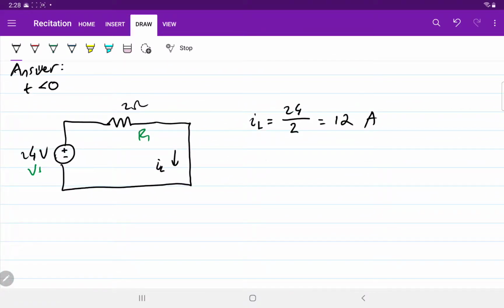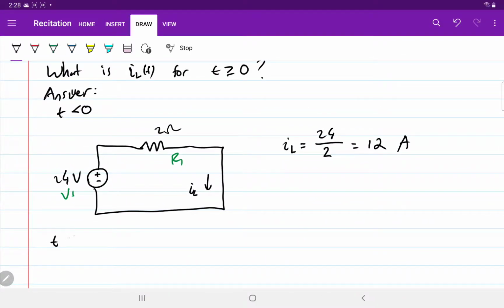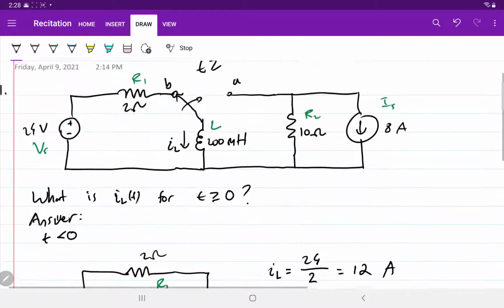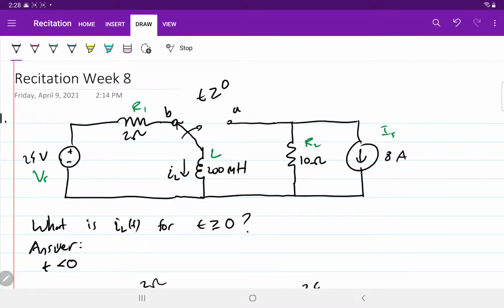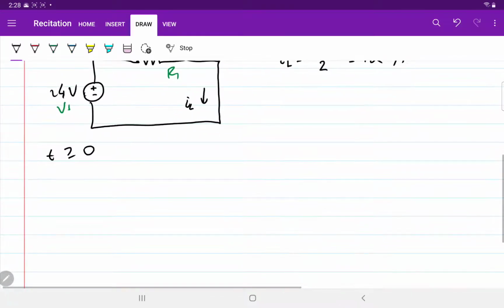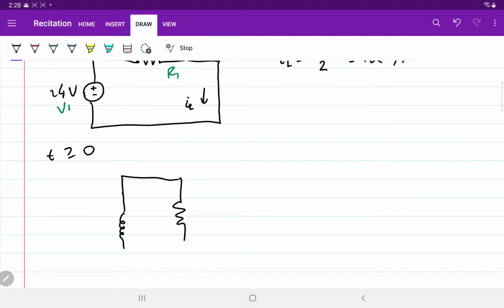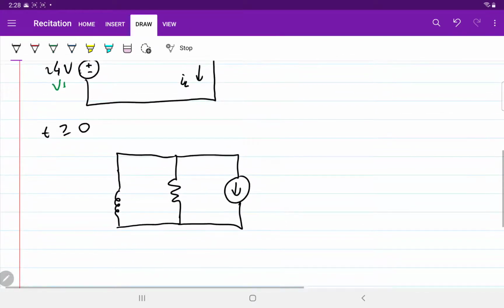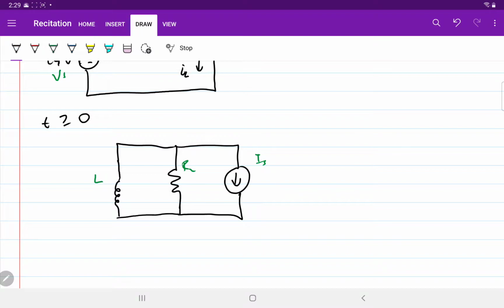So we can say for t greater than or equal to 0, at this time the switch has moved from point B to point A. So we have, let's draw instead of copying it. So this is what we have. Okay, this is L, R2, IS. This is 8 amps.